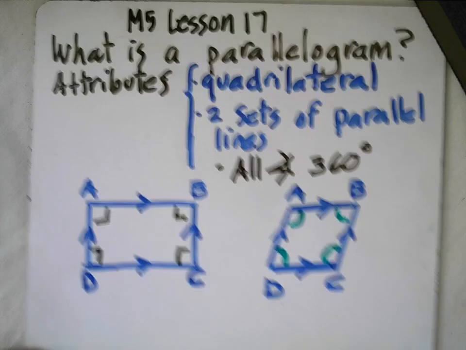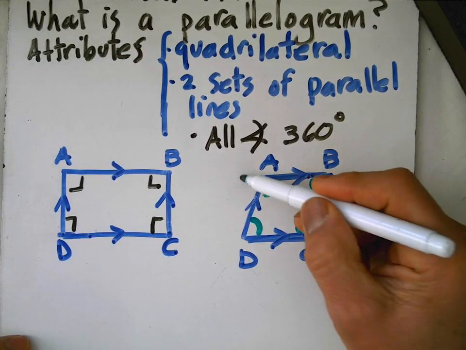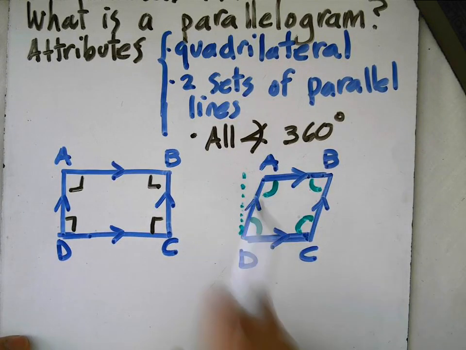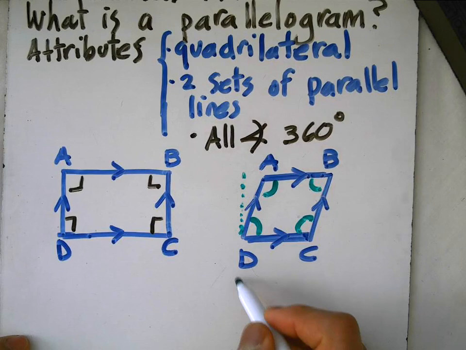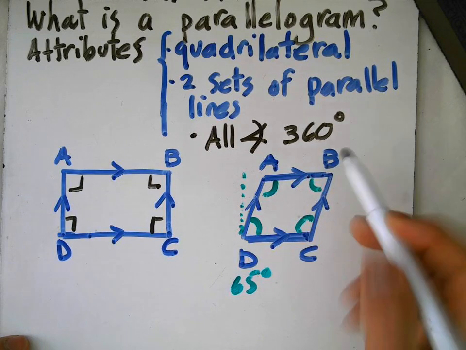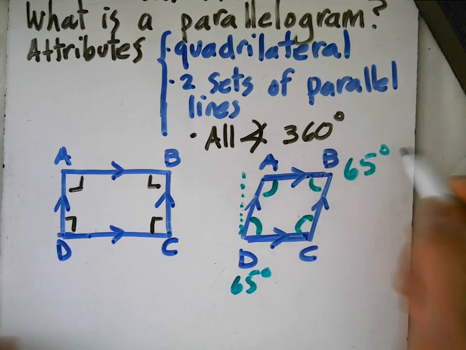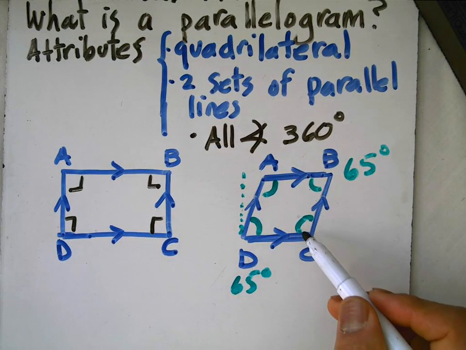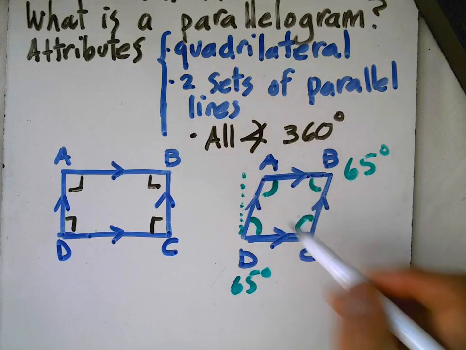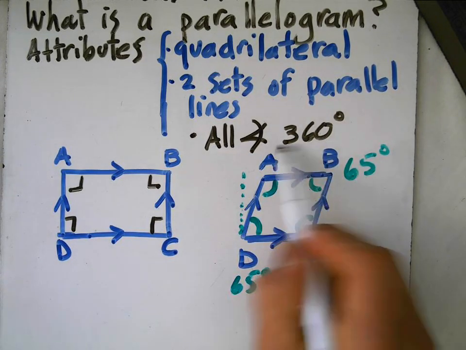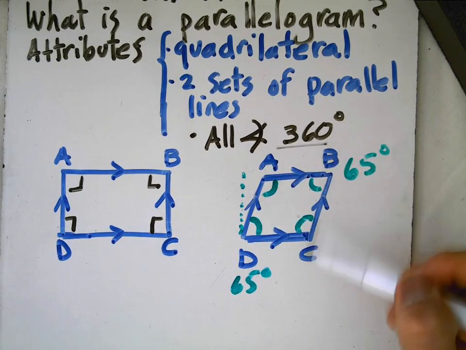So let's say, for example, if you can imagine this line right here was 90 degrees, then this angle is less than 90. So let's call it 65. And because the opposite angle is the same, angle B is 65 degrees. Now, what are the degrees for C and A, which are both similar? If you remember that the whole thing has to equal 360, so this half has to equal 180.